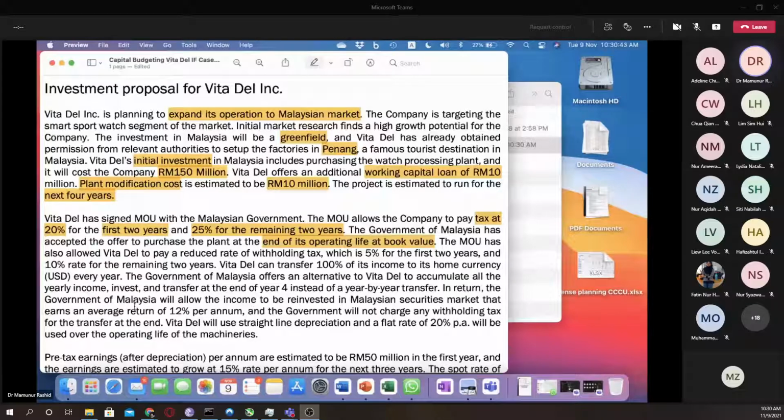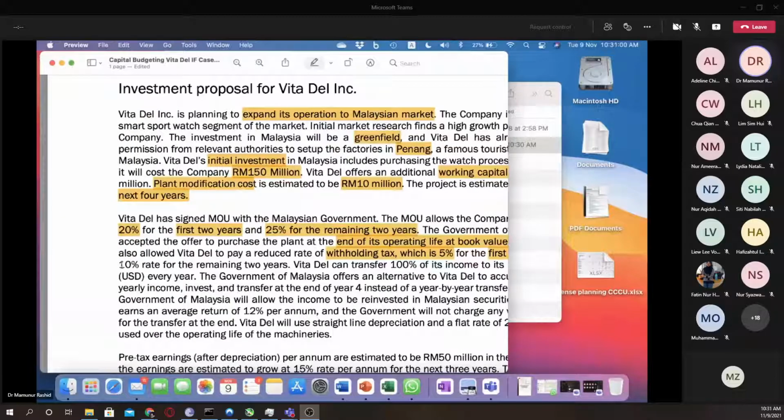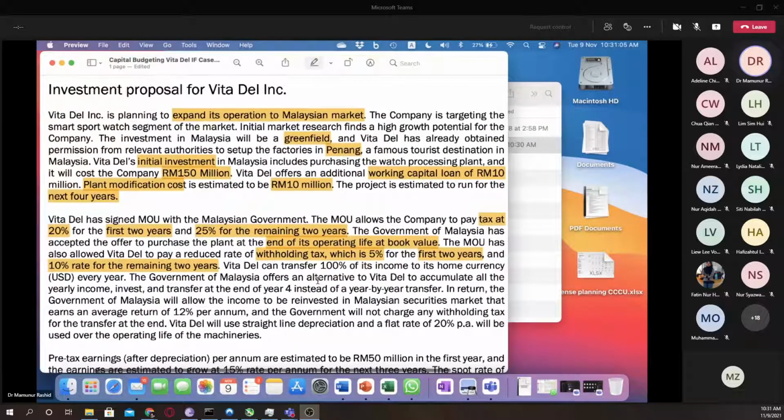The MOU has also allowed Vitadel to pay reduced rate of withholding tax. Okay, a rate of withholding tax is 5% for the first 2 years and 10% rate for the remaining 2 years. Let me explain what is withholding tax.